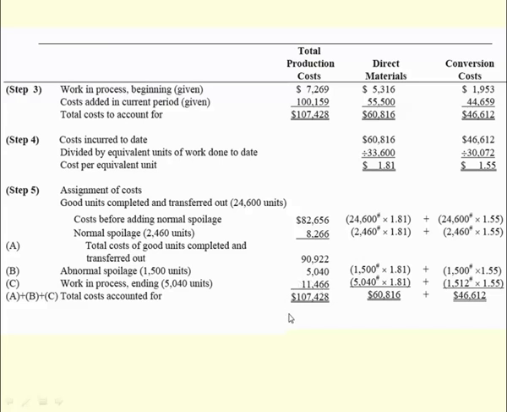This is the total costs accounted for, which must be equal to the total costs to account for that we started with before assignment of costs and before calculating cost per equivalent unit.